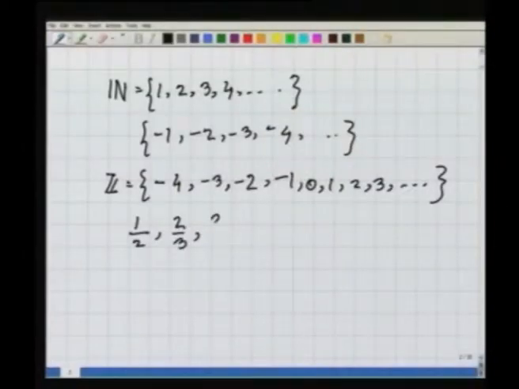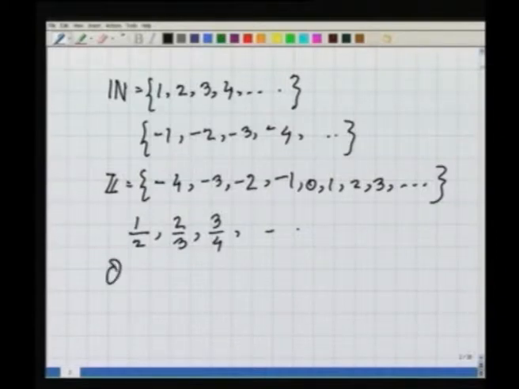We also have an example of a bigger set of numbers than this set of integers. For example, the set of rational numbers. Well, what are rational numbers? They are just a collection of fractions. For example, numbers like half, 2/3, 3/4, these are rational numbers. So, what exactly is the definition of the class of rational numbers?